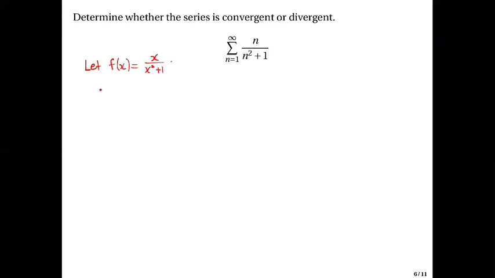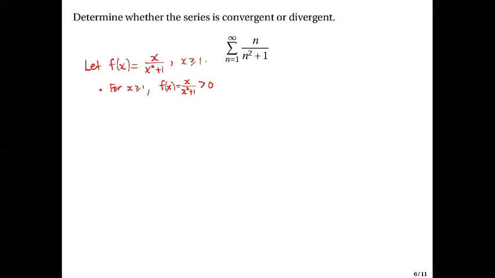Number 1 here. Let us put the domain. It's from x greater than or equal to 1. So first, for x greater than or equal to 1, f of x, which is equal to x over x squared plus 1, is greater than 0.